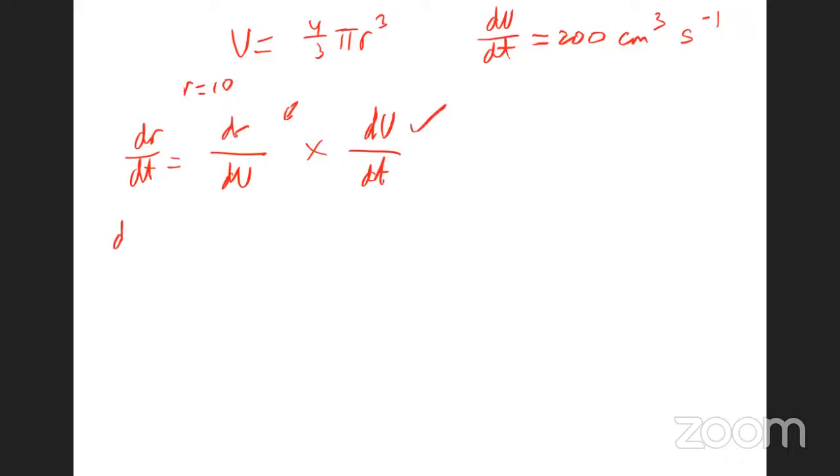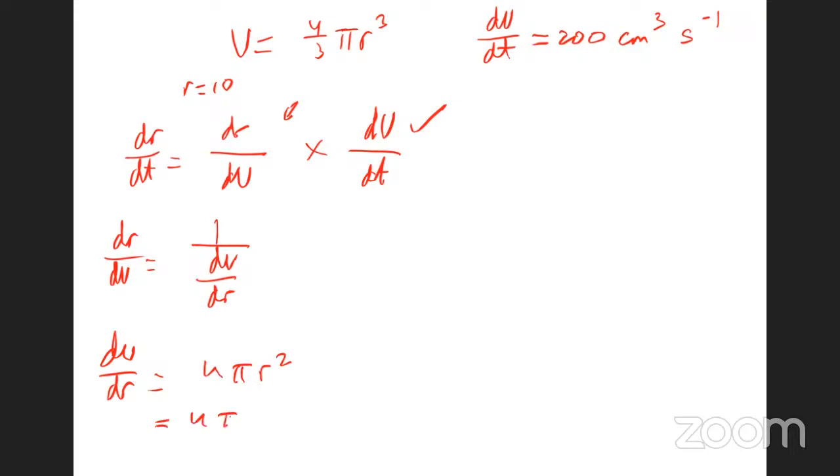Just like the one we did before, dr/dV is equal to 1 over dV/dr. So we just need to get dV/dr. dV/dr is what? 4 pi r squared. Identical to the last one, we just have a different value. So you should have no complaints for this one. 10 squared is 100, so that's 400 pi.